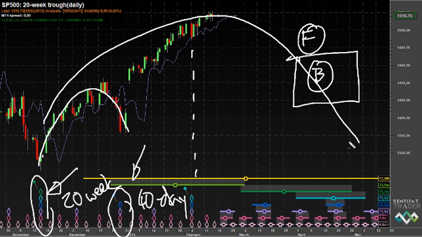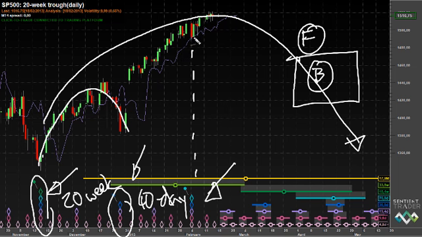That's the first thing that it means. The second thing that tells us is that we should expect a very subtle, hard to identify and a very small trough for the 80-day cycle. And as you can see in this analysis, that is what I believe happened. In fact, I think that 80-day cycle probably formed in the first week of February.